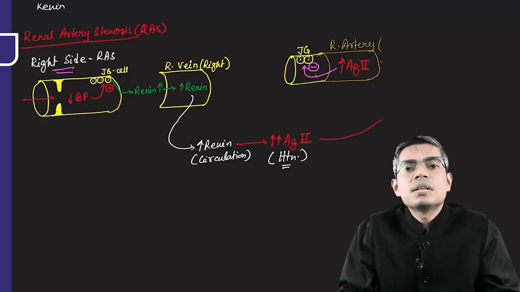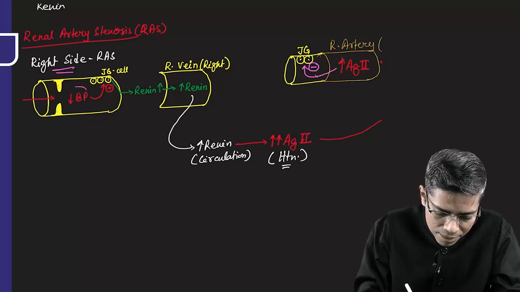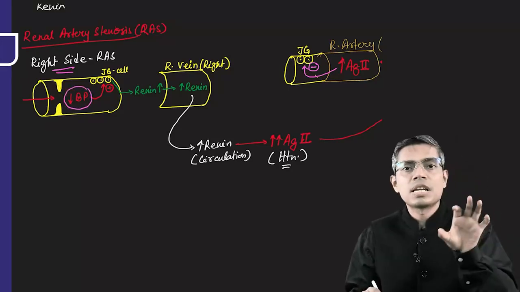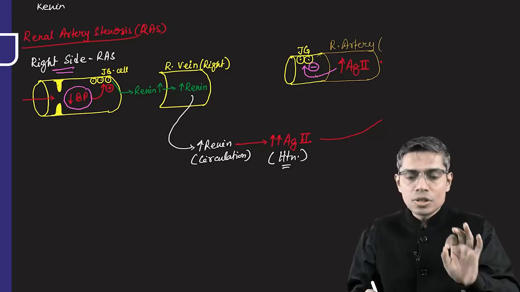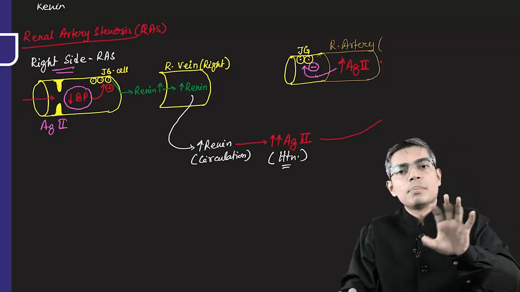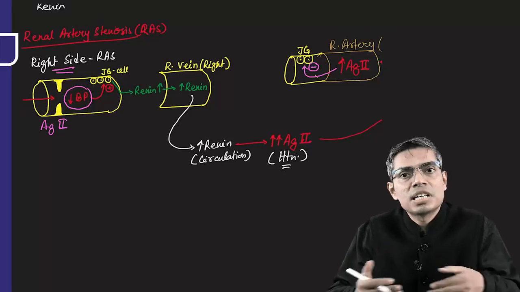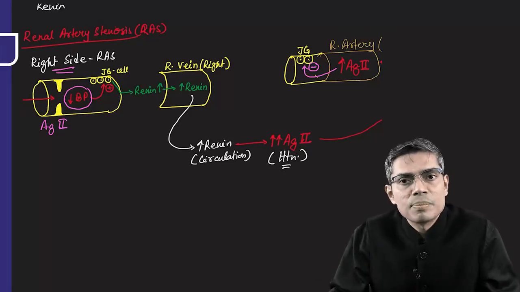The answer is, which one is the most potent stimulant? Hypotension. Already there is a very low blood pressure due to stenosis. So although angiotensin 2 is high even at the level of the right-sided renal artery, it will not be able to inhibit the JG cell, because the JG cell is already stimulated by a more potent stimulus, that is, renal hypotension.